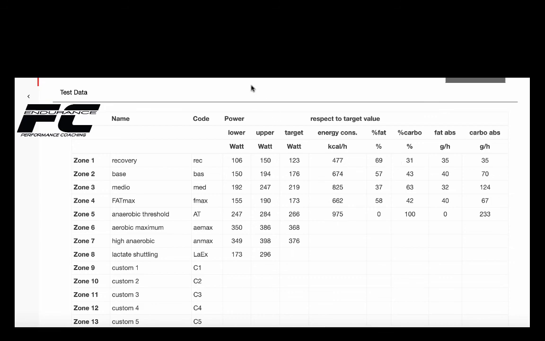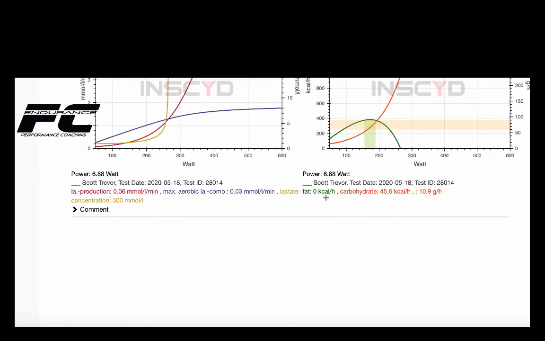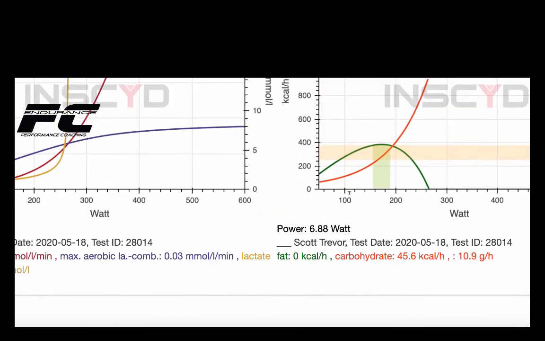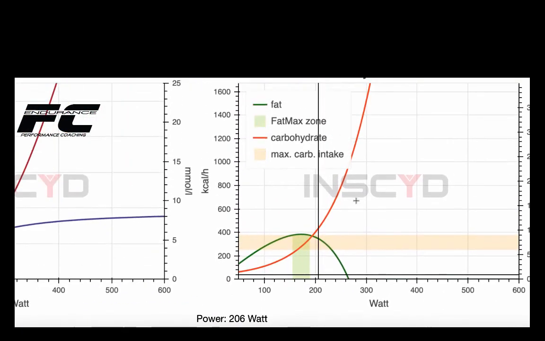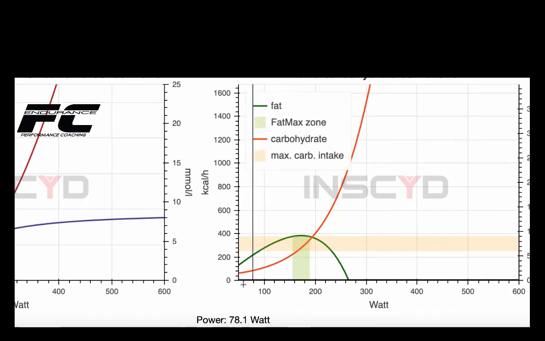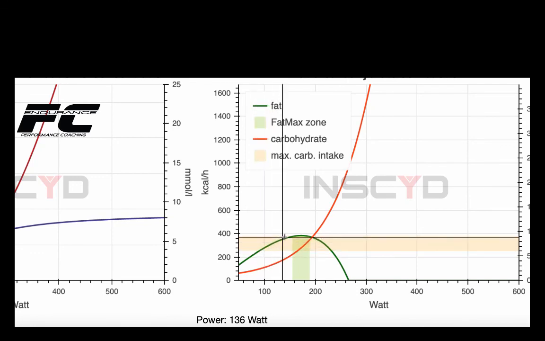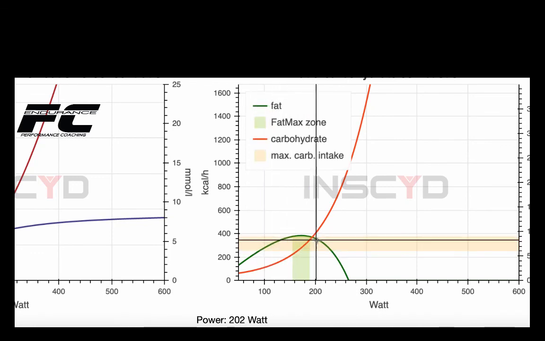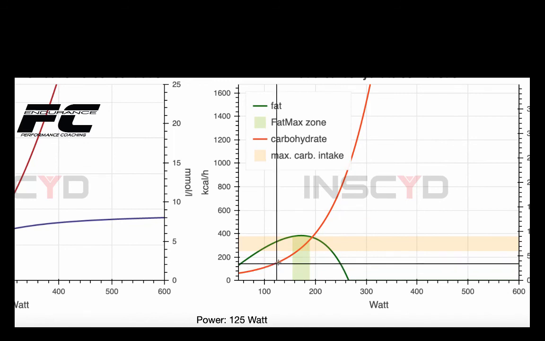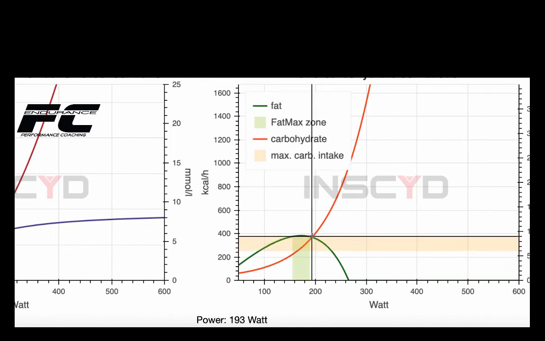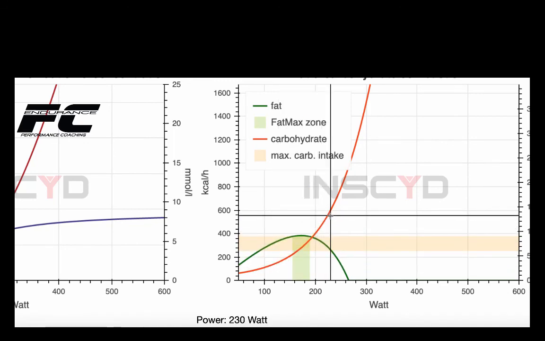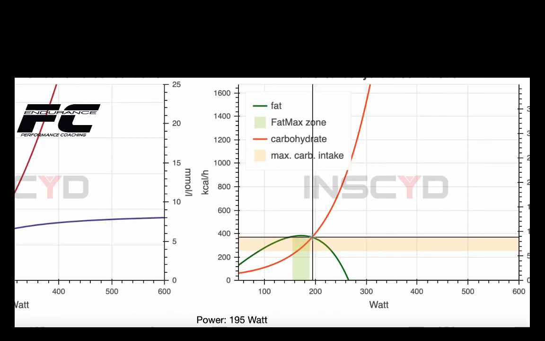One of the other graphs that you'll find beneficial is this right here. It will show you, as your wattage increases, your body's ability to use fat starts to decrease, and your body's dependence on carbohydrates starts to increase. So, for example, the crossover point for you is at about 195 watts.